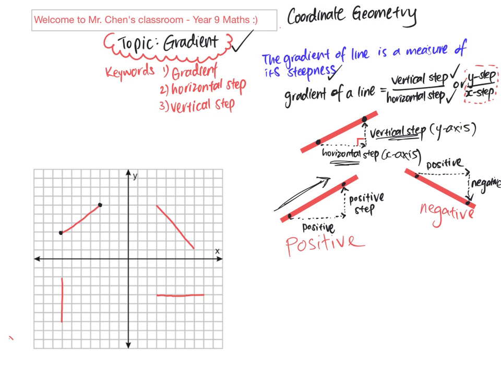Another thing to bear in mind is this. You will see this is the horizontal step, isn't it? Whenever it is going to the right hand side, it's going to be positive, and for the vertical step, whenever it's going up, it is positive, which is the same here.